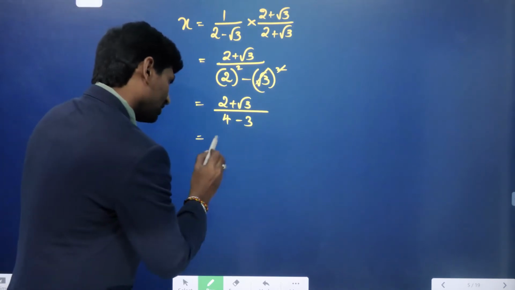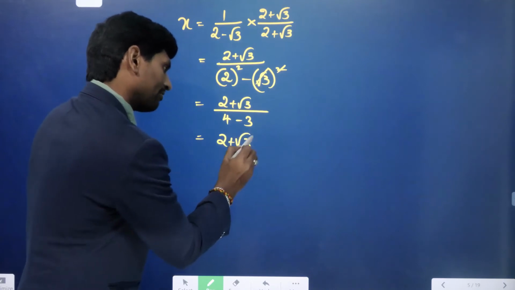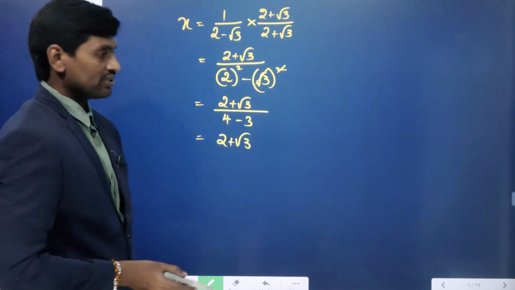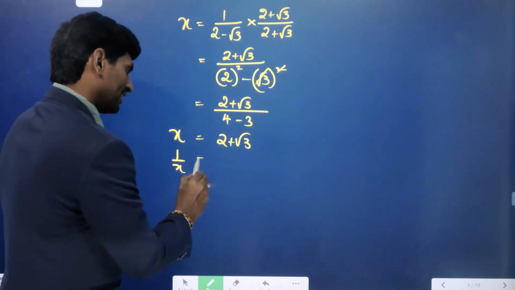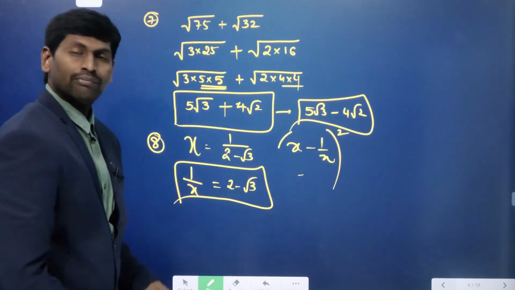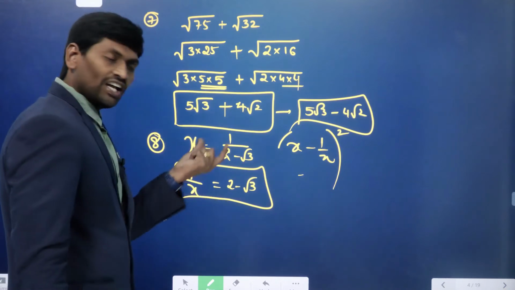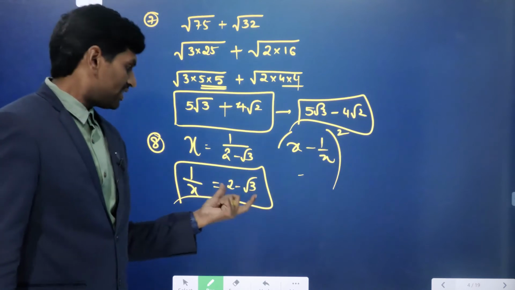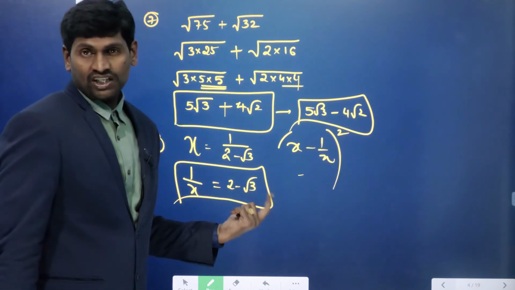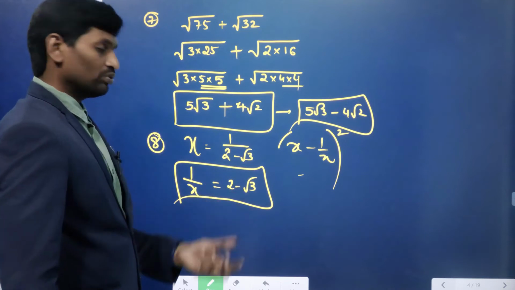Very good. Now 2 plus root 3 by 1 is nothing but 2 plus root 3 only. This value is x. 1 by x value is nothing but 2 minus root 3. So there is no denominator here, so we can directly take 1 by x value 2 minus root 3.